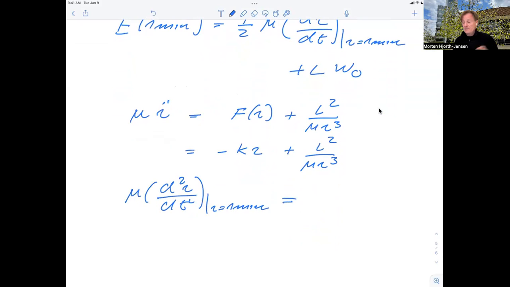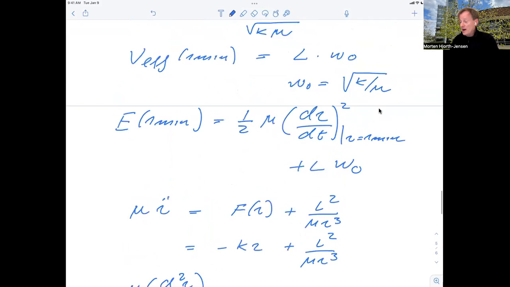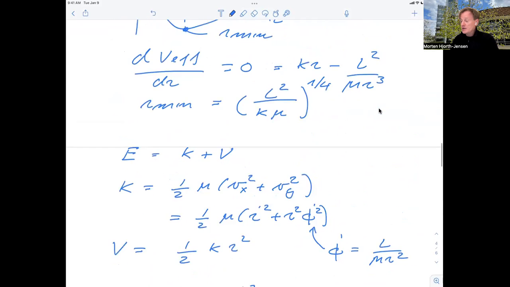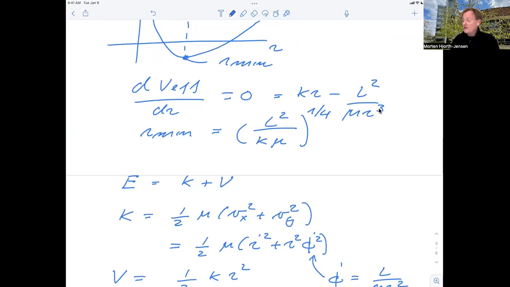Now, if we look back at what we found earlier, when we look at this equation, minus k r plus L squared divided by mu r cubed, we found that r min is given by having the derivative of the effective potential with respect to r equal to 0. So what we see now is that these two terms cancel each other. We have kr positive and we have a minus here.